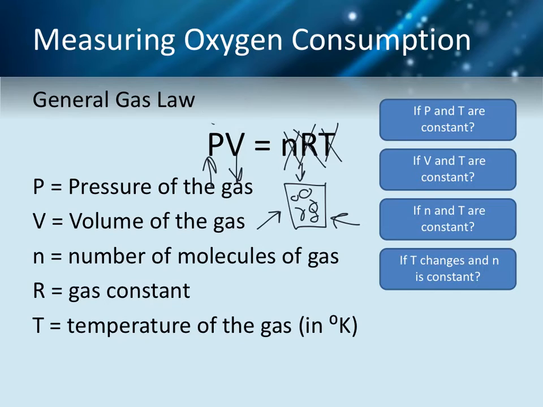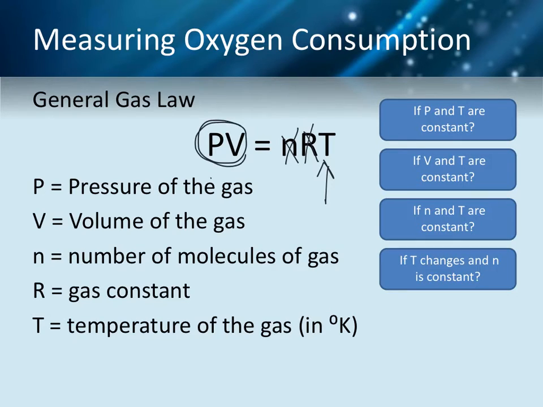All right, the last one is going to be regarding the temperature and the number of molecules. So if we, again, cross out that constant, and the number of molecules is constant, what if our temperature changes? If our temperature increases, then the combined effect of the volume and the pressure has to increase. Okay, so together those two both have to create an increase.